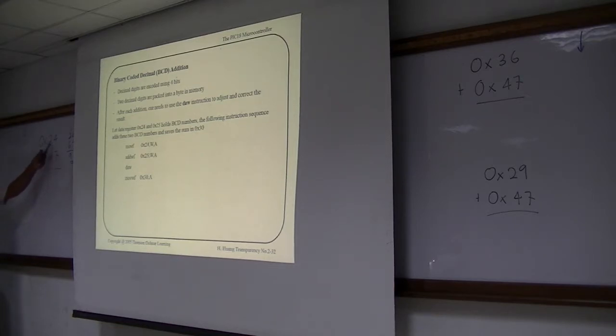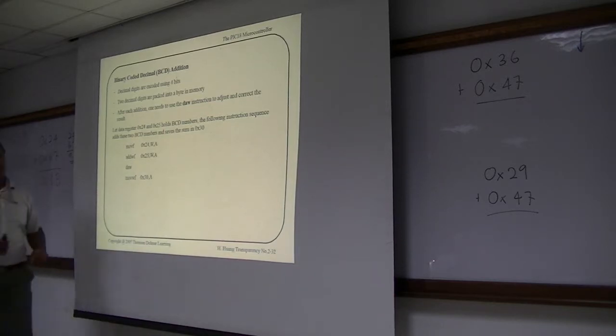So when you add 4 plus 7 is 11, right? So you will get B, and this one is A. Does this match? No. So even though we want to add decimal numbers using the hex number system, the answer is out of decimal range. B is not in the decimal range. So we have this problem.